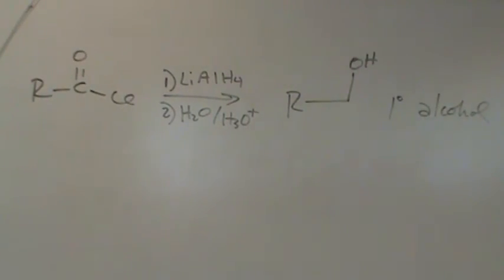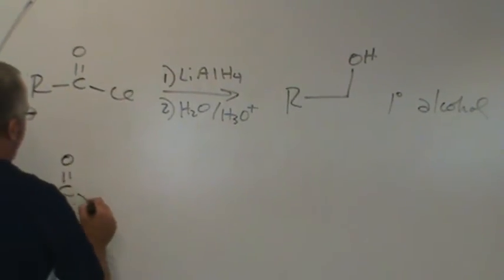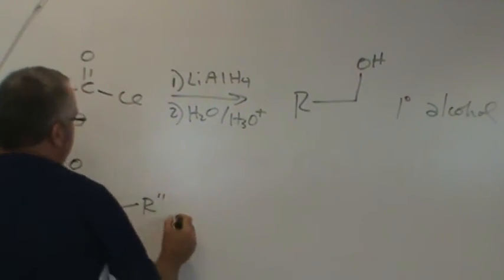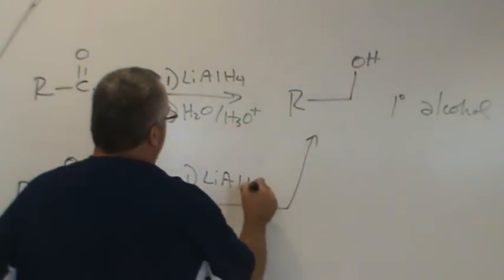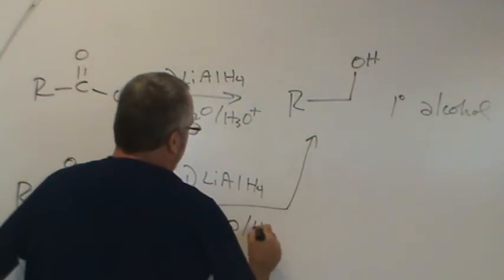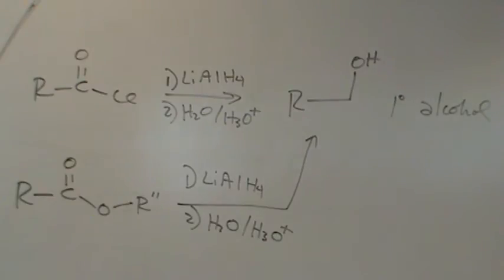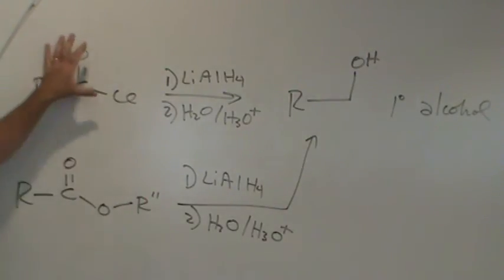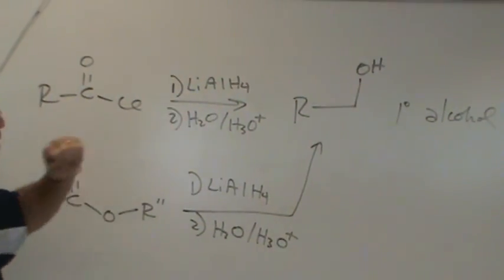Not surprisingly, if you start with the corresponding ester, you can get to the exact same spot. Once again, similarities between the acid chloride and the ester. It's just one is more reactive than the other, but the same set of reagents takes you to the primary alcohol.